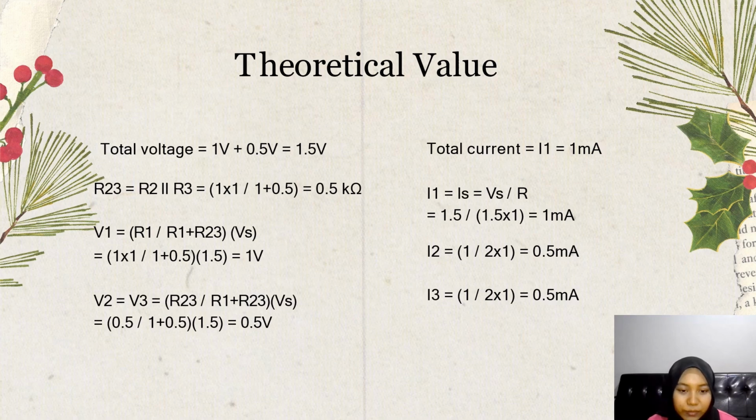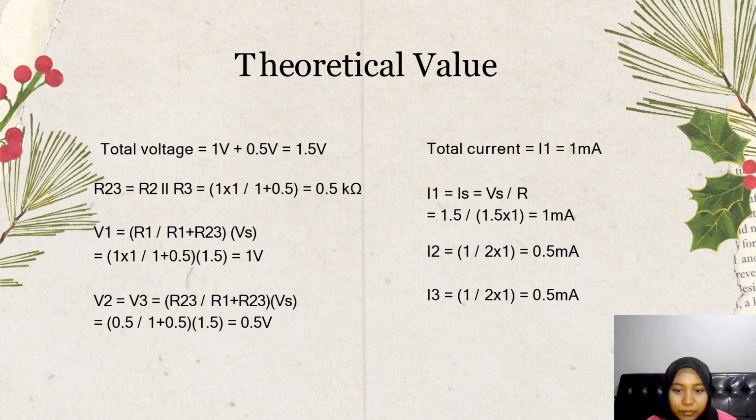To find the total current, it is equal to I1, which is 1 milliampere. I1 is equal to Is, which is Vs over R, equal to 1.5 over 1.5 times 1, equal to 1 milliampere.